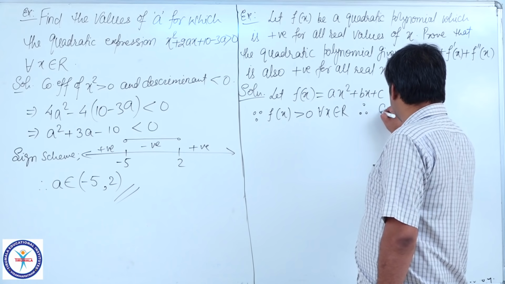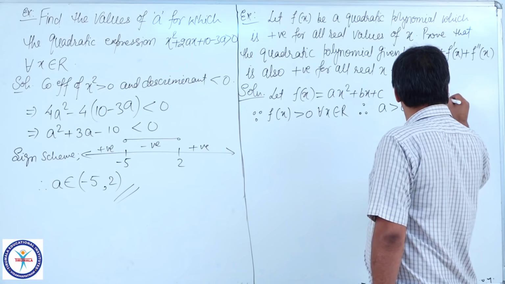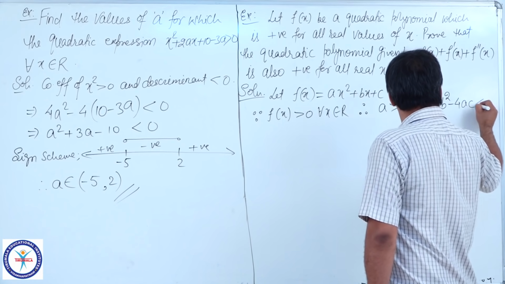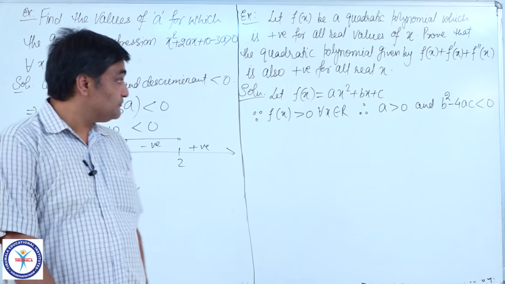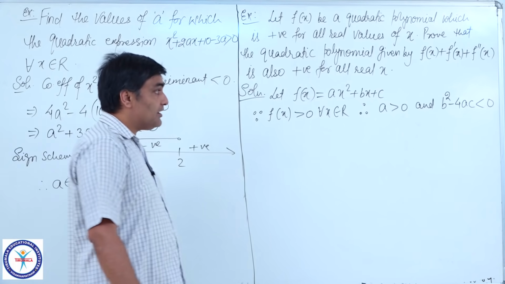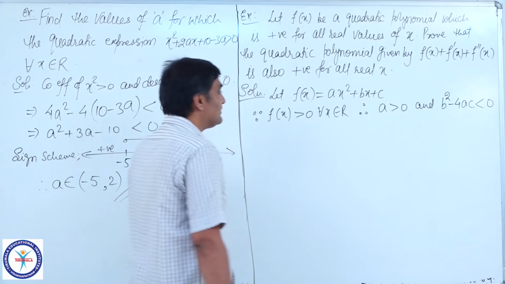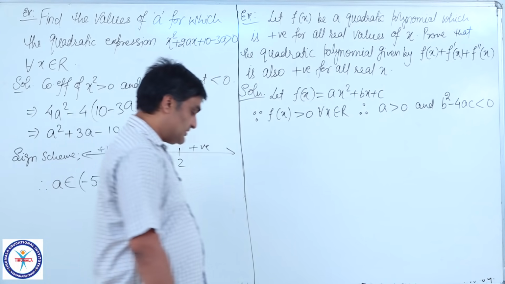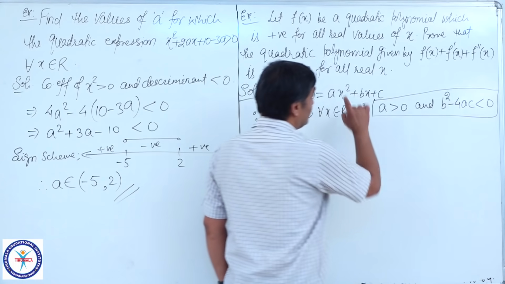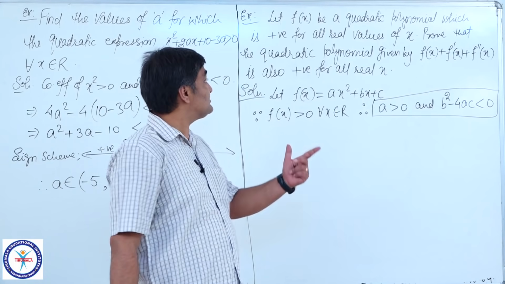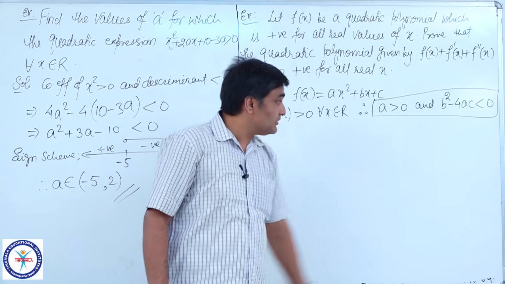Therefore, a greater than 0 and b square minus 4ac less than 0, a greater than 0 and discriminant less than 0. Fine. This information is given in the question, by the statement: positive for all real values.